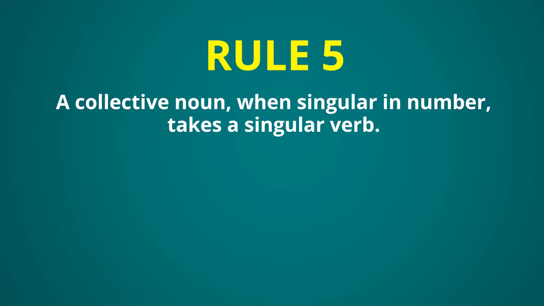So therefore, that tells us, boys and girls, that collective nouns may either be singular or plural. And firstly, we are being told that if the collective noun is singular, then we use a singular verb. So let's take a look at some examples. Firstly, a flock of birds flies overhead.